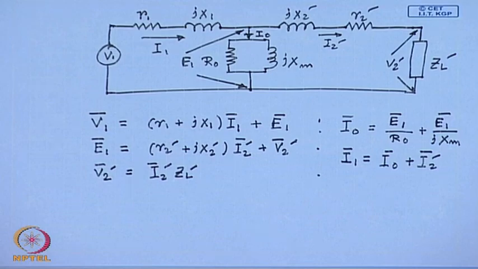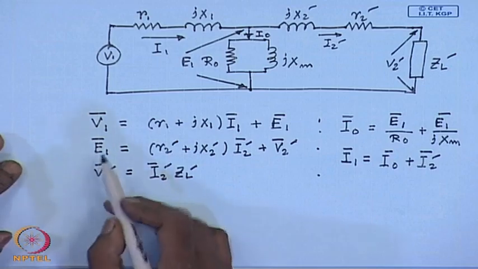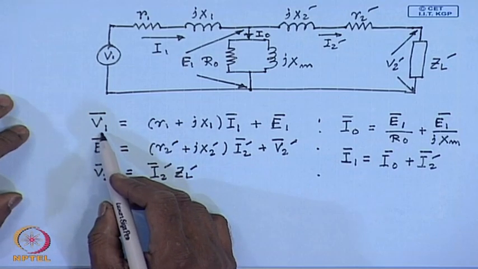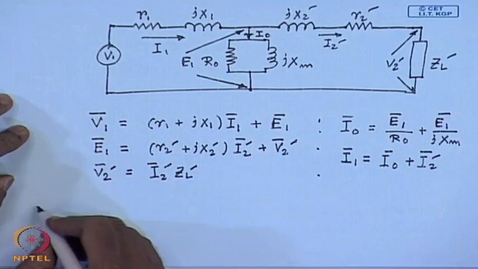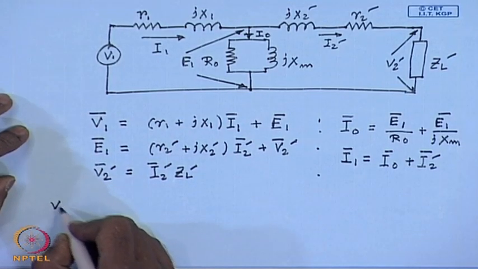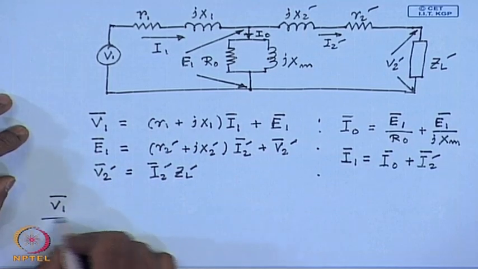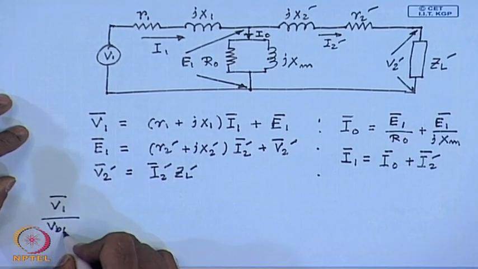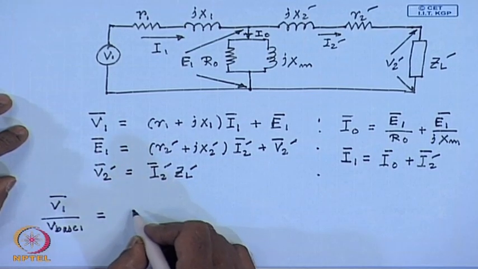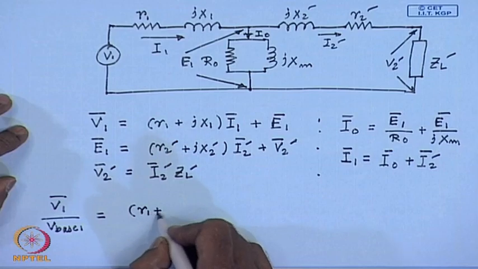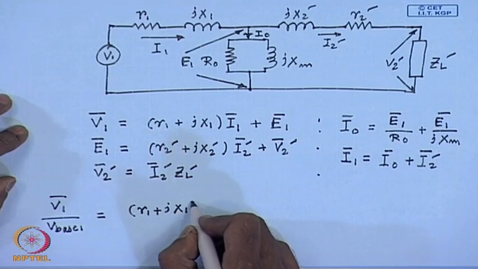Now, let us convert them to equations in per unit variables and parameters. In order to do that, let us first divide the first equation by V base 1. So, it becomes V 1 by V base 1 equal to R 1 plus j x 1.